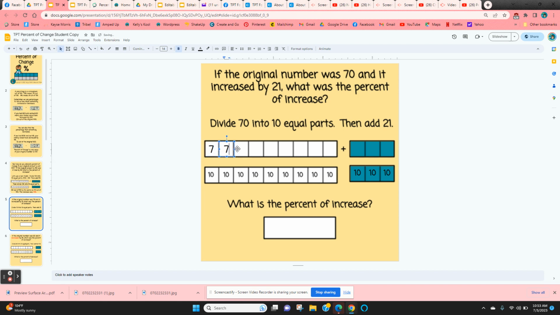So students are going to type a 7 into each one of these squares. And it increased by 21, so that would be 3 more 7s.